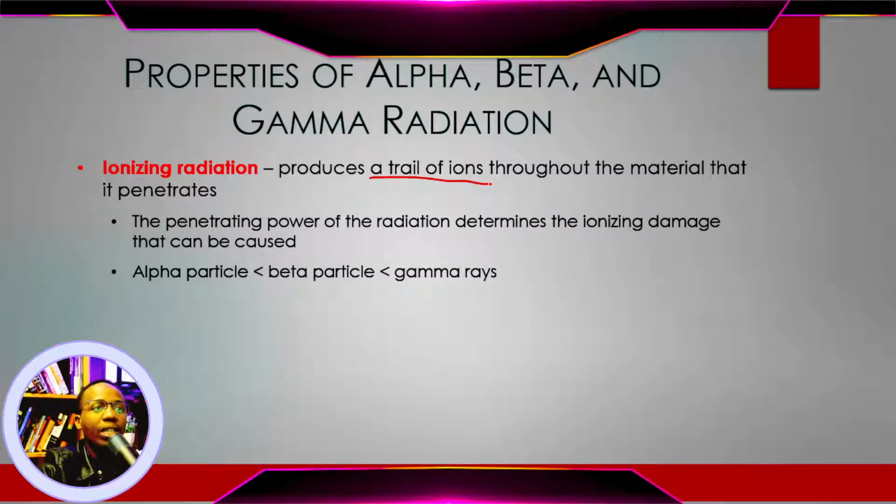That's why we call it ionizing radiation. And this penetrates through pretty much almost anything. And it depends on the energy, right? So gamma rays that we just talked about that are the most energetic have the highest penetrating power. Beta are in the middle, alpha are the lowest.